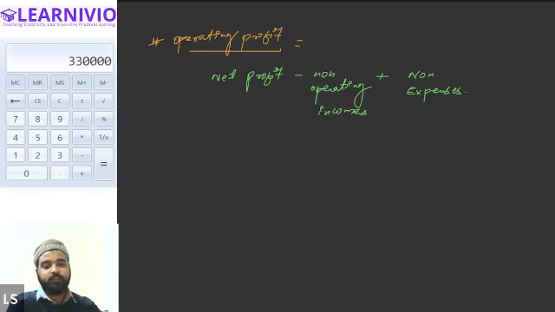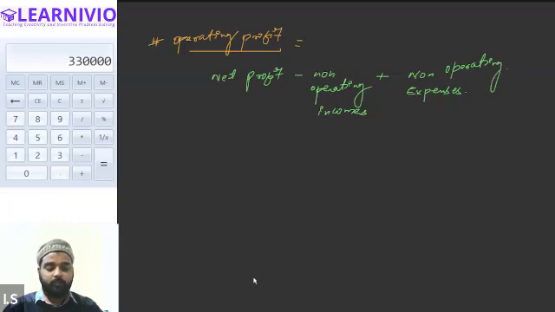All right. So this is the formula for finding out the operating profit: net profit minus non-operating incomes plus non-operating expenses.